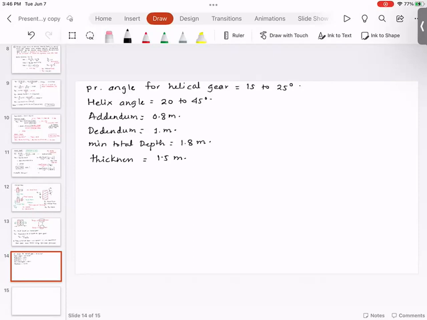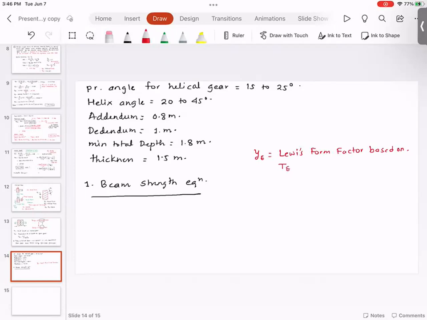So what are the design steps? Step one, beam strength equation. And YE is the Lewis form factor based on equivalent number of teeth, TE.